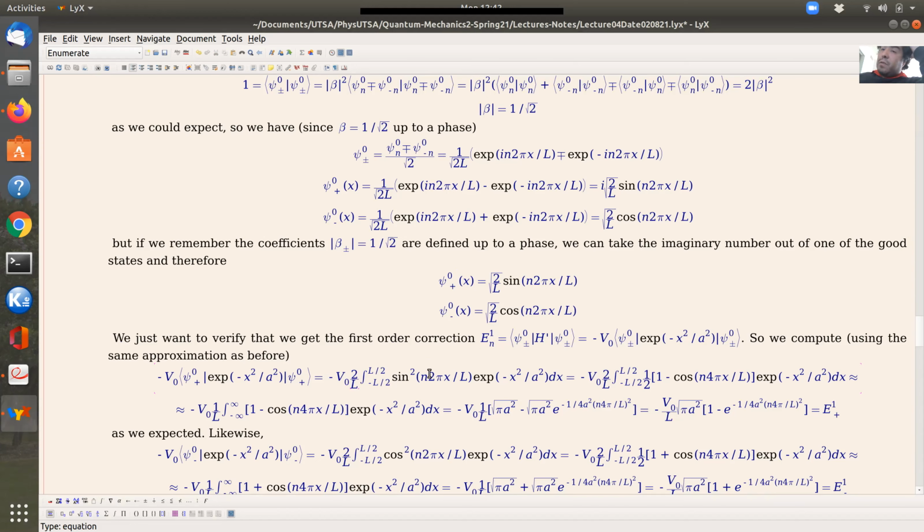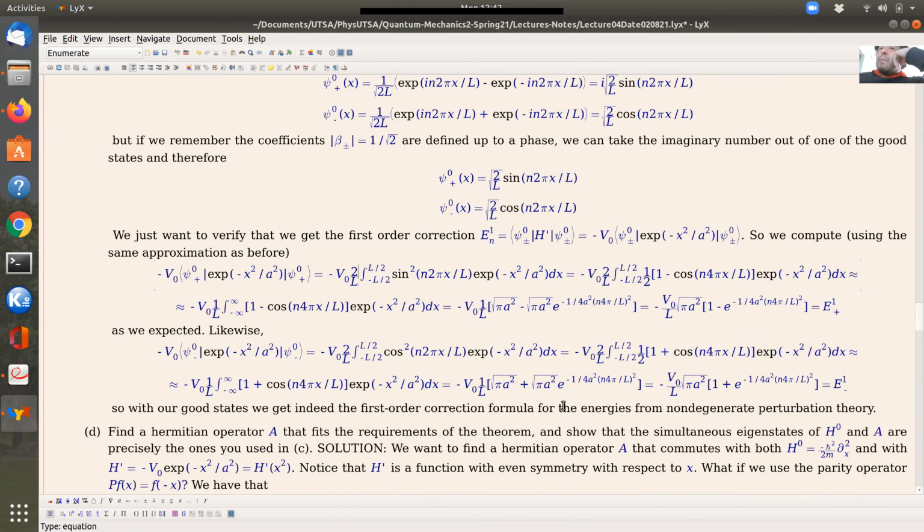Then you'll have sine squared of this, then the Gaussian, and then times the x. What to do here? This looks a little bit complicated, but if you use your trig identities of the sine or the cosine of the sum of two angles, you can show that sine squared of this is 1/2 of 1 minus cosine of the double of the angle.